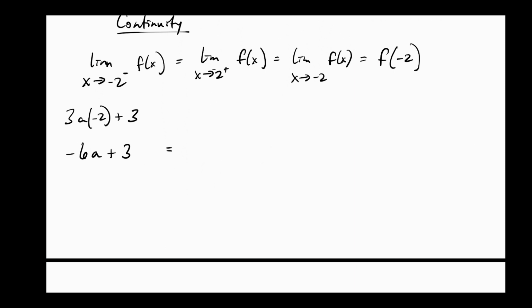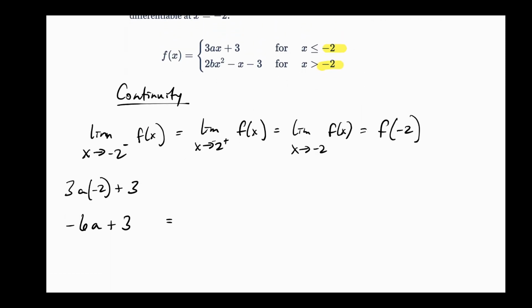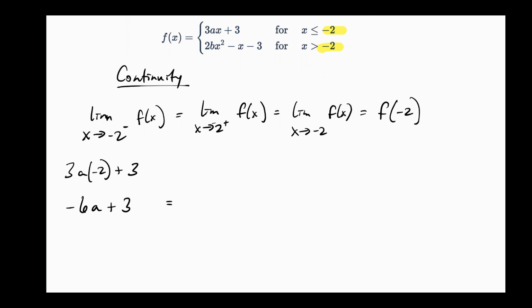Now I'm going to do the same thing for the other piece, but it's coming from the right side, the positive side, the greater than side. For the greater than side, I'm going to use this piece here and plug in -2 everywhere I see an x.